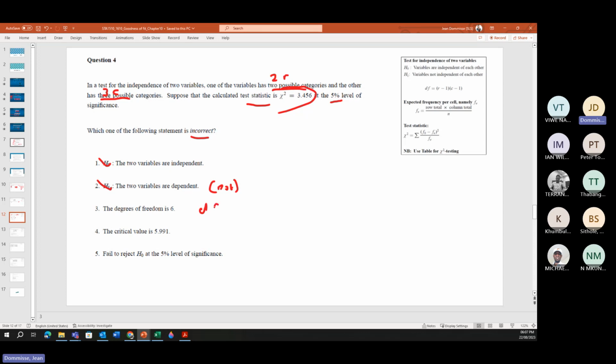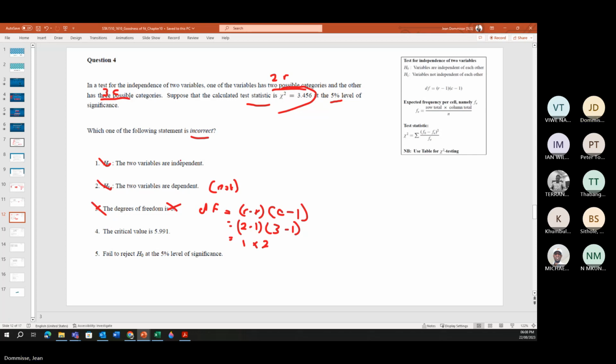Degrees of freedom is equal to r minus 1 times c minus 1. So r is 2, so 2 minus 1, times 3 minus 1. So 2 minus 1 is 1, 3 minus 1 is 2. So 1 times 2, it's not 6. So our degrees of freedom is the wrong one.